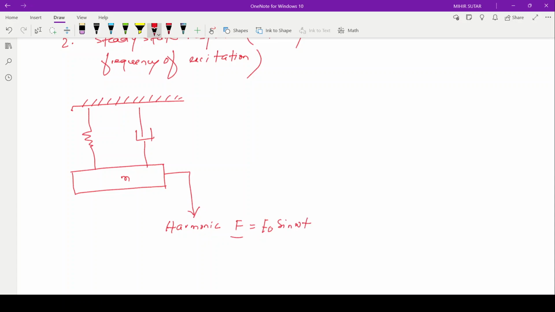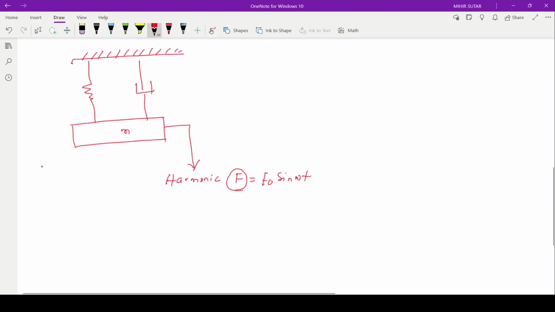This is the external force that we have given to the system. In response to this force, the system will have a displacement x, a velocity x dot and an acceleration x double dot. Am I audible to all of you?